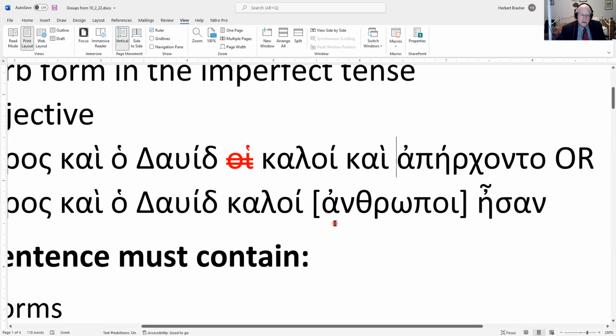And I think in Greek, we would have to supply a noun, and the one that we know is anthropoi, kaloi anthropoi. Peter and David were good men, kaloi anthropoi.